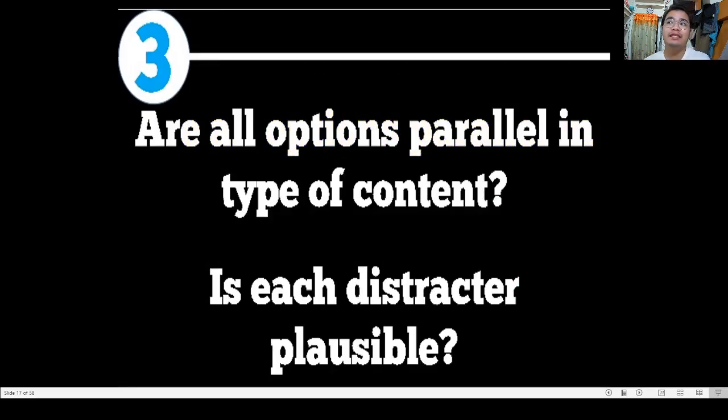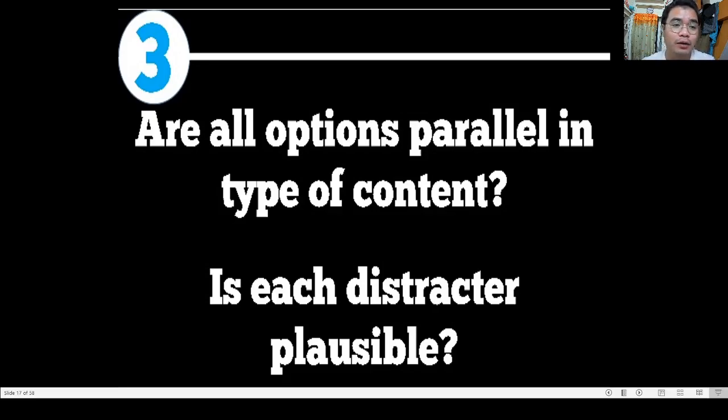Ito ang isa sa mga tanong na madalas hindi binabato ng mga guro sa sarili nila. Tandaan natin na pag tayo ay namimili ng distractors o sinusulat natin yung options natin, kailangan na pare-parehas sila, or parallel in type of content. And when we do that, we are making our distractors plausible.